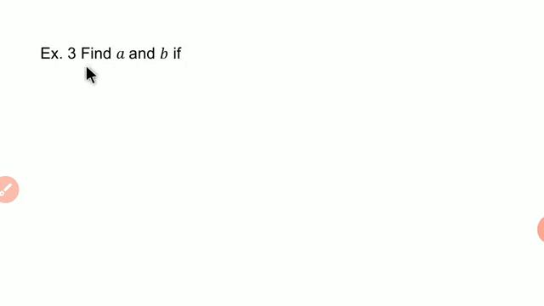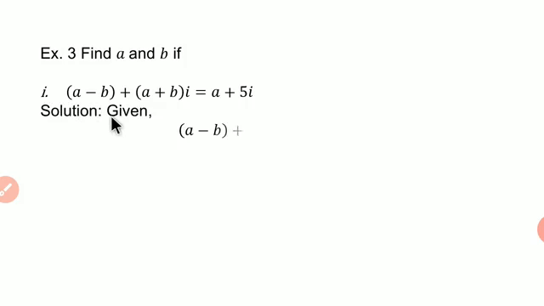The common instruction is find A and B if. So the first example in that, A minus B plus A plus B I is equal to A plus 5i. Solution, given A minus B plus A plus B into I is equal to A plus 5i. Now we observe here in the LHS there is a complex number, also in RHS there is a complex number, and both the complex numbers are equal.